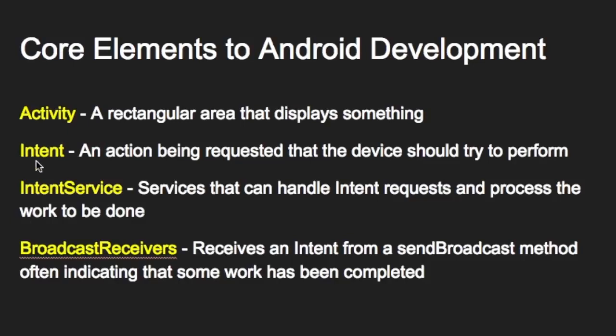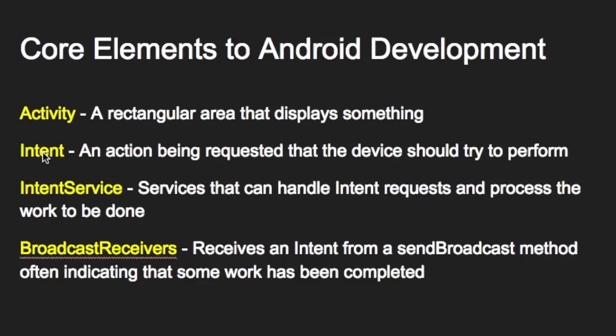So the second thing is, what is an intent? Well, an intent is an action that's being requested or we want to have performed, and it could either be just some part of a process that we're trying to work out within our code, or it could be a user interaction like a tap or a swipe. Let's say it's a tap or a swipe.